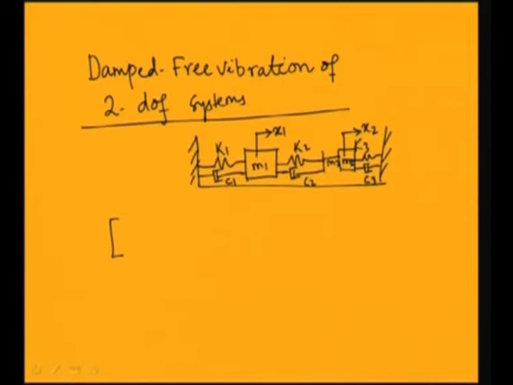You can draw the free body diagram of the system. For mass m1, the free body diagram has an inertia force of m1 x1 double dot, then the spring force k1 x1 and damping force c1 x1 dot, and similarly for the k2 and c2 elements.